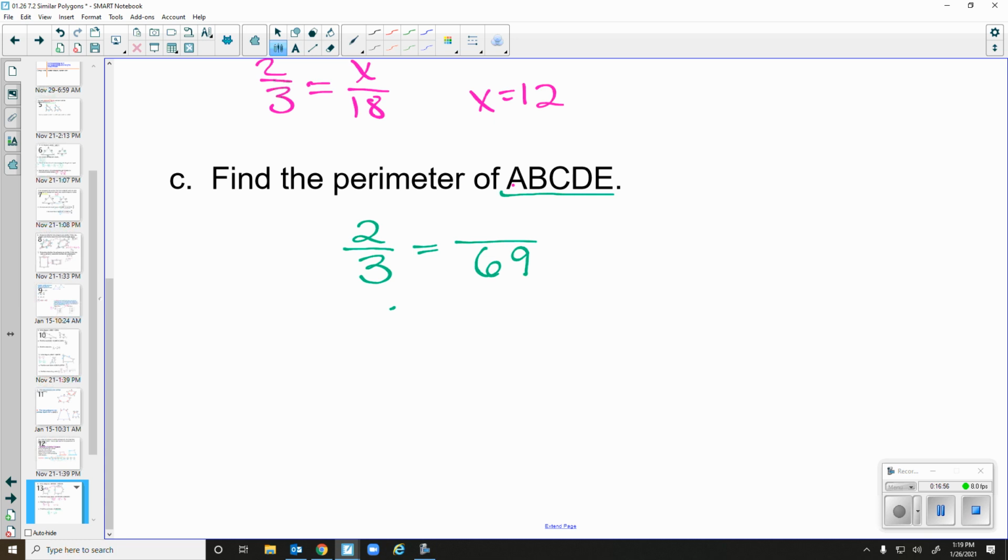Just like you solve for a missing side, you can still solve for that missing perimeter. This is times 2/3, so what's the perimeter of the smaller one? Wonderful. So you can treat the perimeter just like you would solve for a missing side. Still use that same ratio, the scale factor, whatever it is. We're still good there.